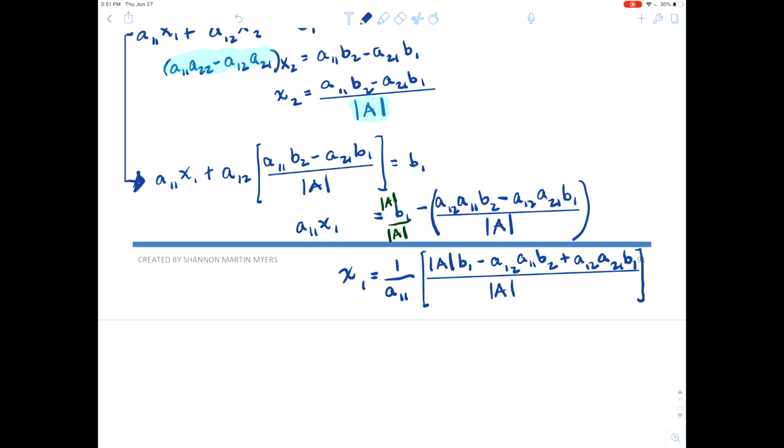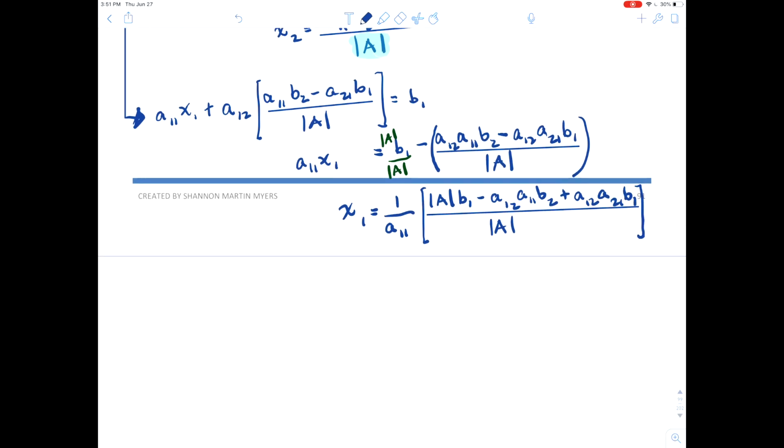Groovy? All right. So continuing, we will have x1 equals. Now it looks like I'm going to have to turn one of the determinant of A's into the other way to write it. So here we will have A11 times A22 minus A12 times A21 times B1.